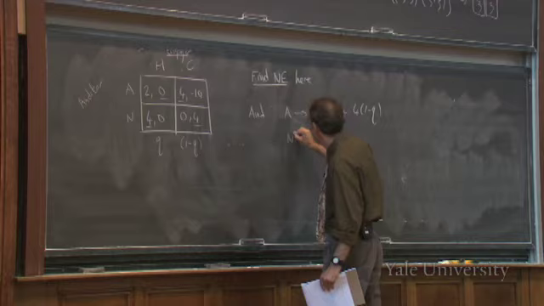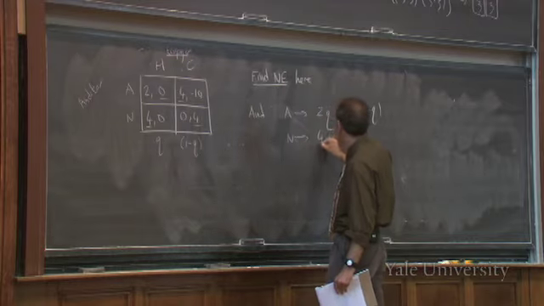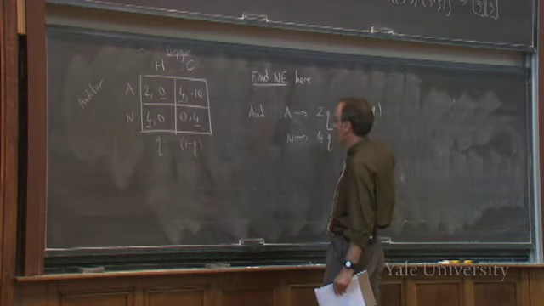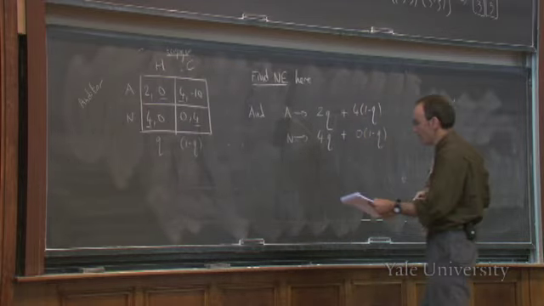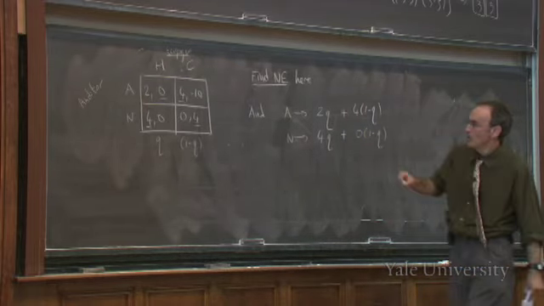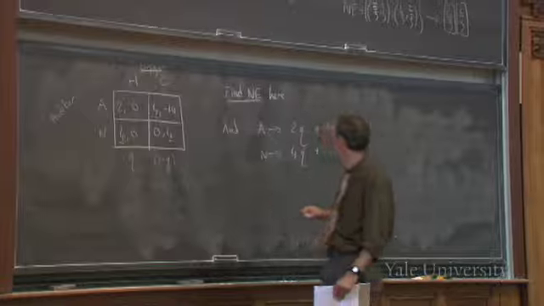Yeah, look at the auditor's payoffs. So from the auditor's point of view, if the auditor audits, their payoff is 2Q plus 4(1 minus Q). And if they don't audit, their payoff is 4Q plus 0(1 minus Q). Everyone see I did this? This is 2Q plus 4(1 minus Q), and this is 4Q plus 0(1 minus Q).